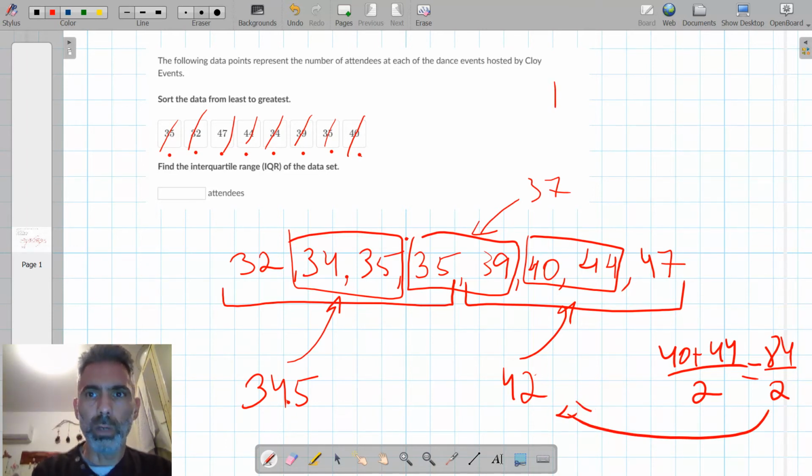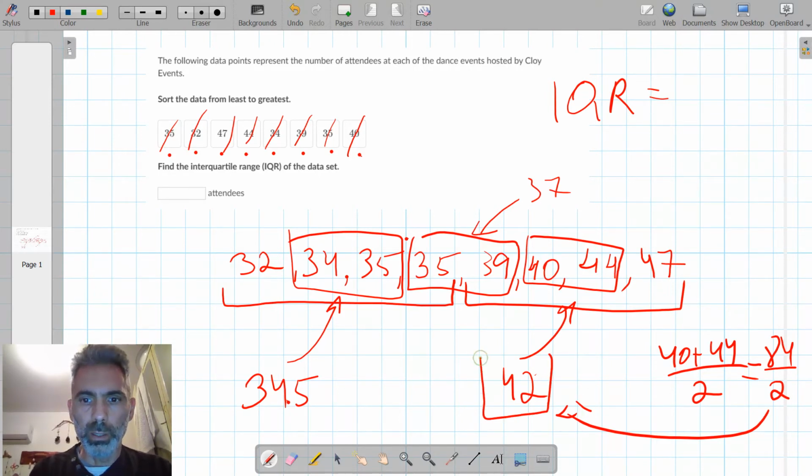So the IQR, the Inter-Quartile Range, is the median of the upper half of the dataset minus the median of the lower half of the dataset.